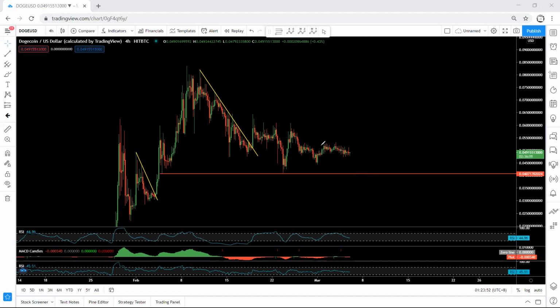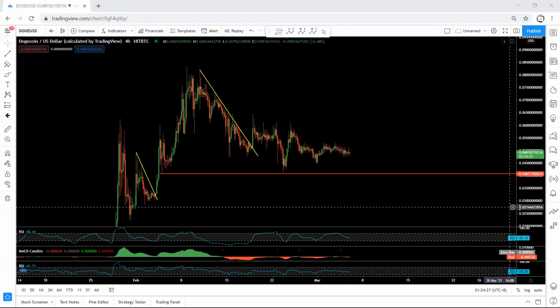All right, but as we can see, the way it is moving is really corrective, especially within this. We mentioned that this kind of move mostly can give us a very sharp move, so we can expect the next move will be really sharp. Now the question is up or down, but mostly we're looking for the buy because we're looking at this correction. Okay, but whether we have to wait for the price to break this low or not, it depends. As I say, if it breaks this one, it can give us a better trade setup. But if we get any buy setup from here as well, we take it.